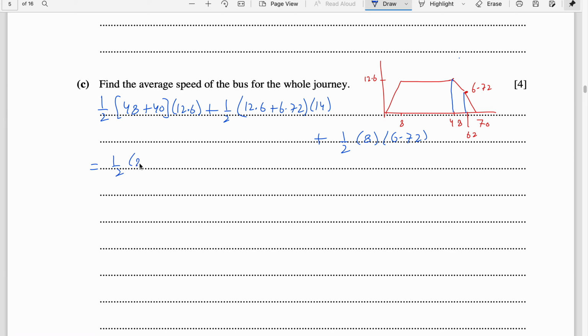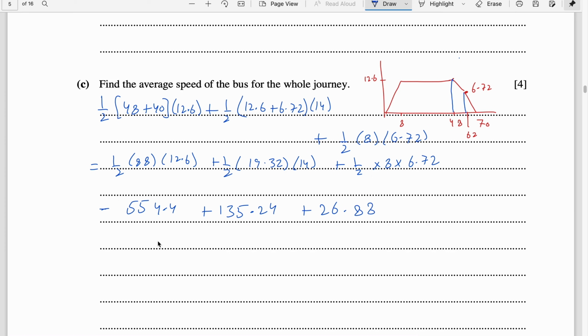So 1 by 2 into 88 into 12.6 plus 1 by 2 into 19.32 into 14 plus 1 by 2 into 8 into 6.72. 554.4 plus 135.24 plus 26.88, and this equals 716.52, approximately equal to 717 meters.